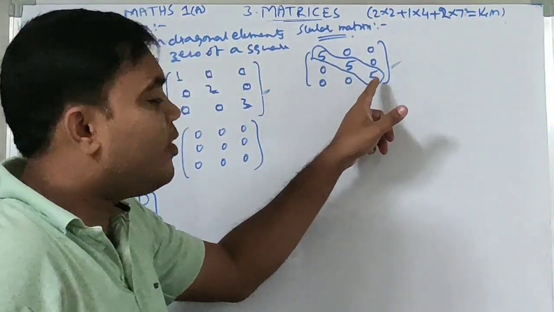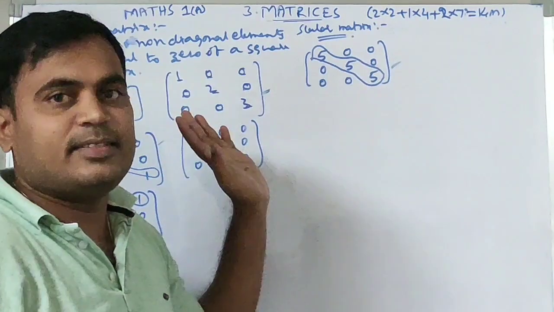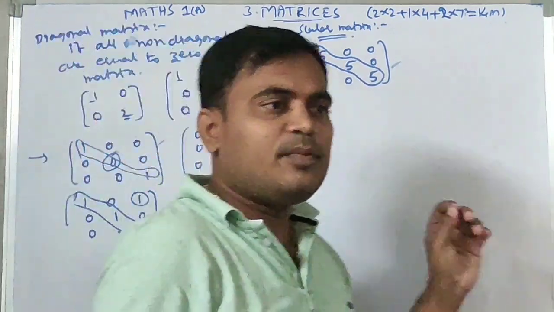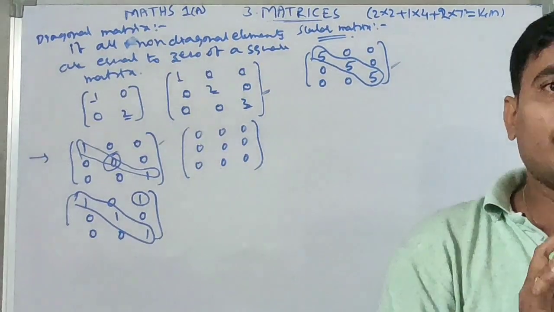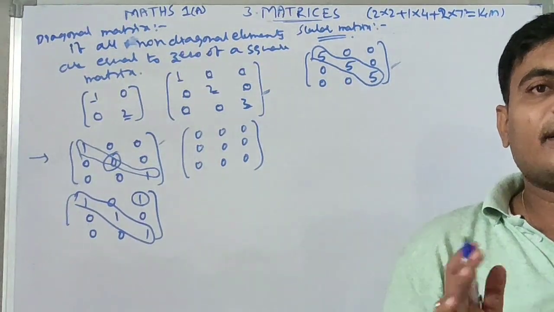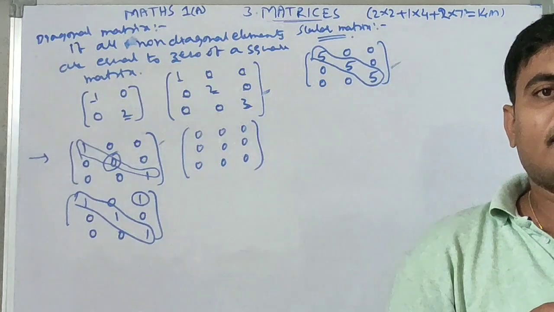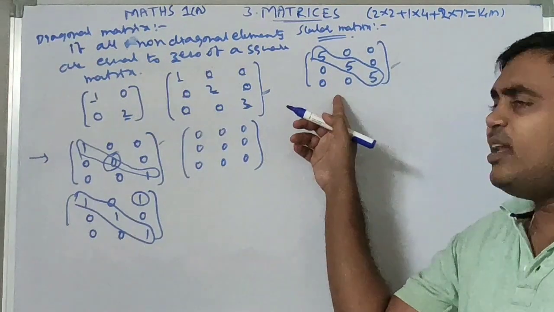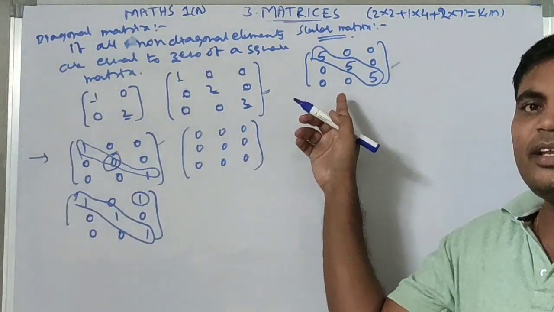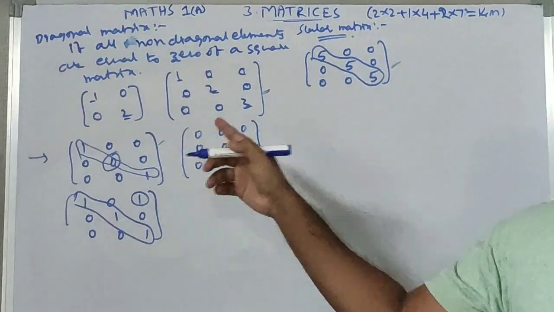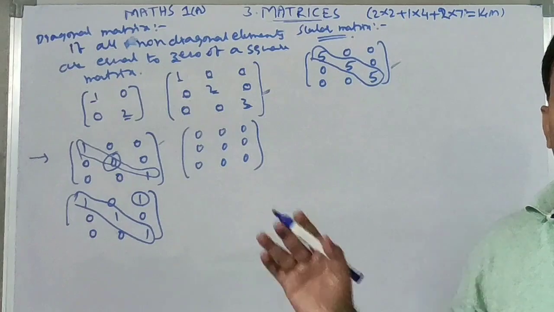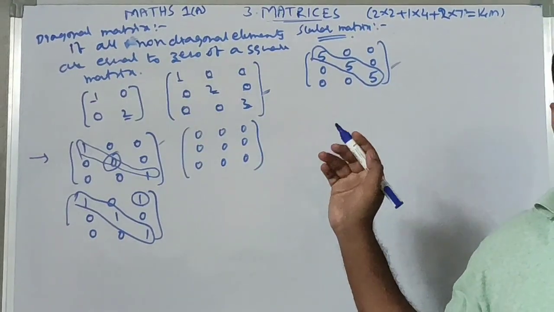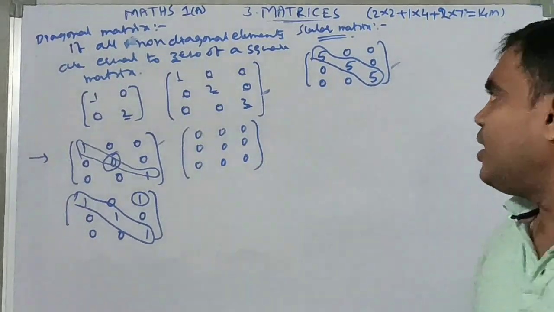In the other example all the diagonal elements are equal, so it is a scalar matrix. So a scalar matrix means non-diagonal elements should be 0 and diagonal elements are equal to each other. Then only it is called a scalar matrix. Whatever scalar matrix we take, definitely it is a diagonal matrix. So every scalar matrix is also a diagonal matrix.